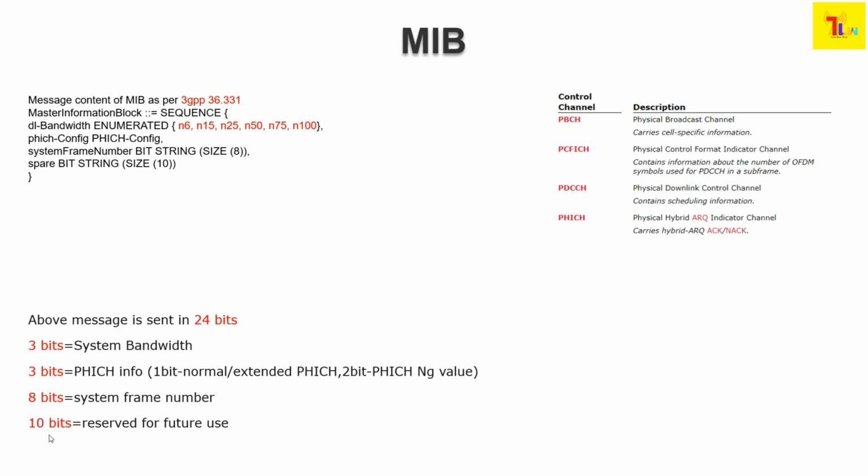It provides the information about the number of OFDM symbols that is going to be used, and the symbols, as I have already mentioned, will always start from each subframe. So these are basically the information about the PDCCH. Let's move to the topic further.